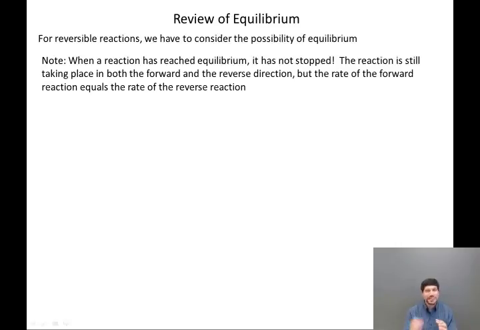Some molecules are going forward, some molecules are going backwards, but overall, the forward reaction and the backwards reaction are taking place at the same rate. Therefore, the amount of reactant and product will not change anymore over time.